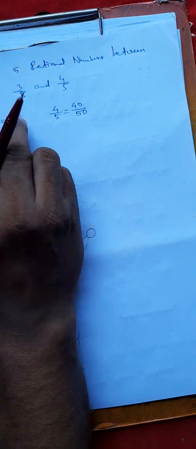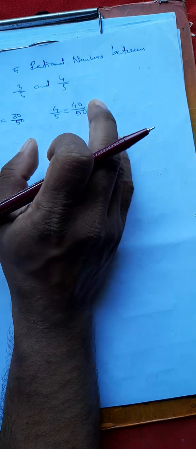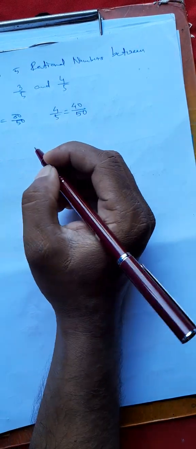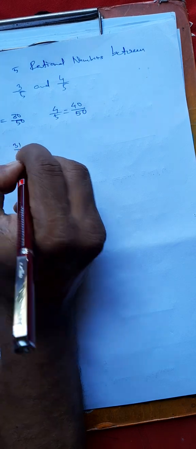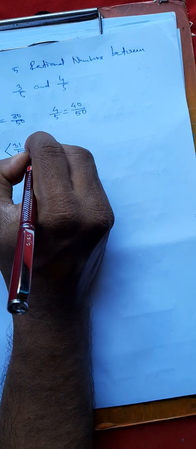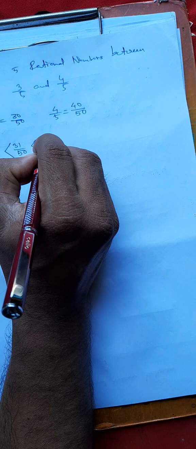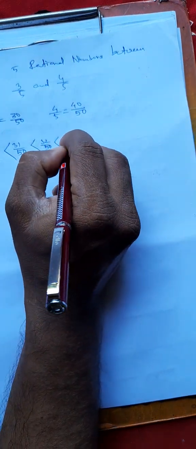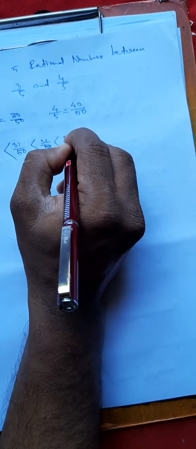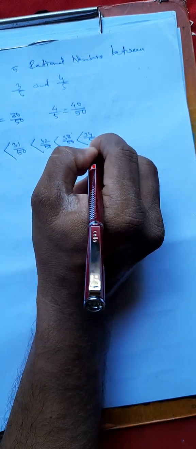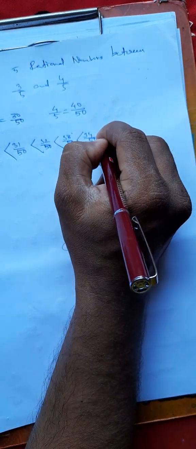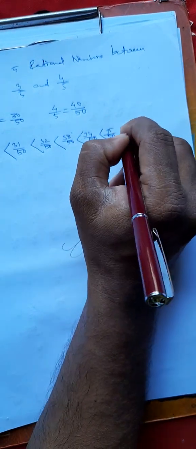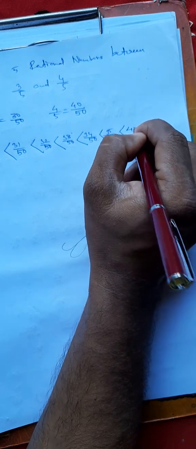Just we are converting them into equivalent fractions. Now you can imagine some numbers in between 30 by 50 and 40 by 50. Let's say 31 by 50. This number is greater than 30 by 50, right? 31 by 50 is less than 32 by 50, which is less than 33 by 50, less than 34 by 50, less than 35 by 50, and this is less than say 40 by 50.